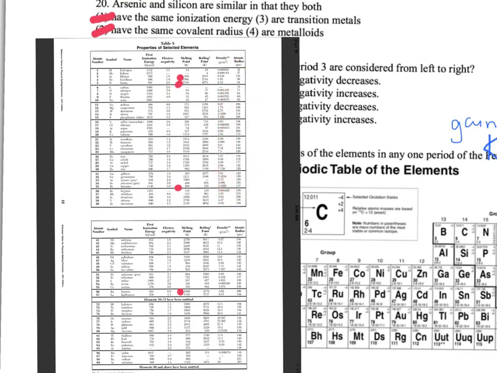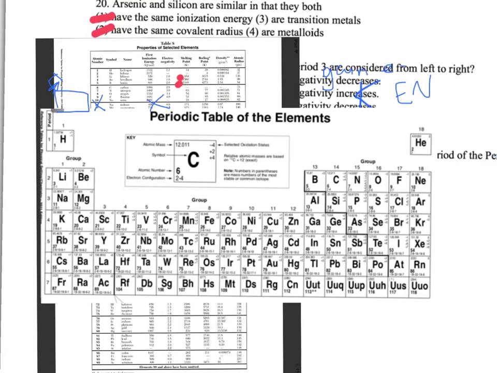So now we have to evaluate, are they metals, transition metals, or metalloids? So we are looking at silicon and arsenic. And we know that silicon and arsenic found on the bold staircase are both metalloids. So metalloids is the best answer here.